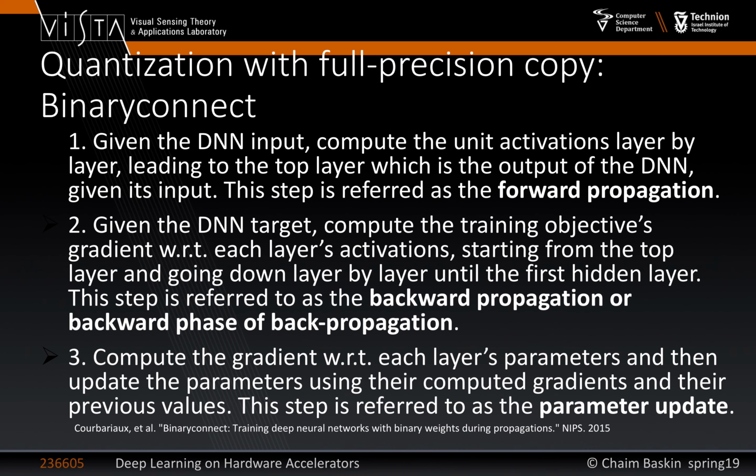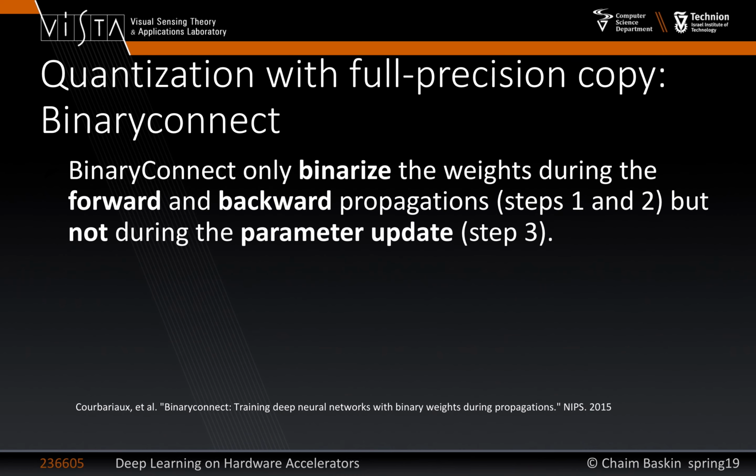Great. So we talked about it: BinaryConnect only binarizes the weights during the forward and backward propagation, but not during the parameter updates. Parameter updates are done in full precision.